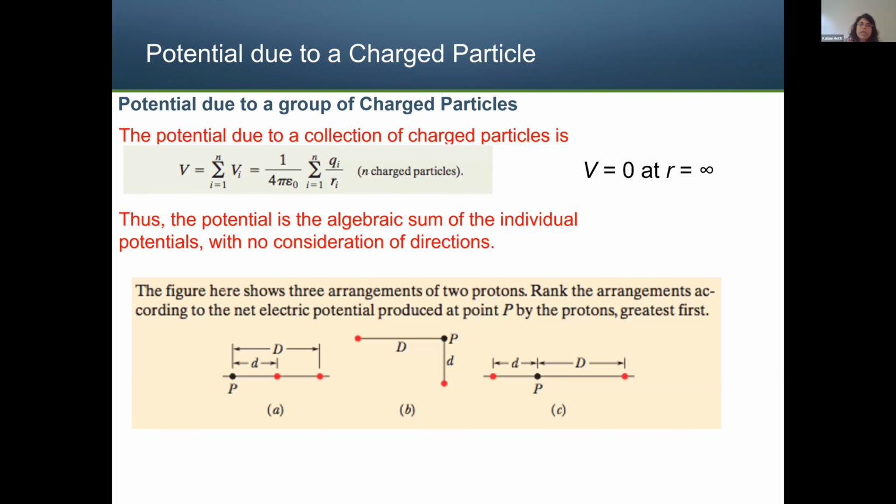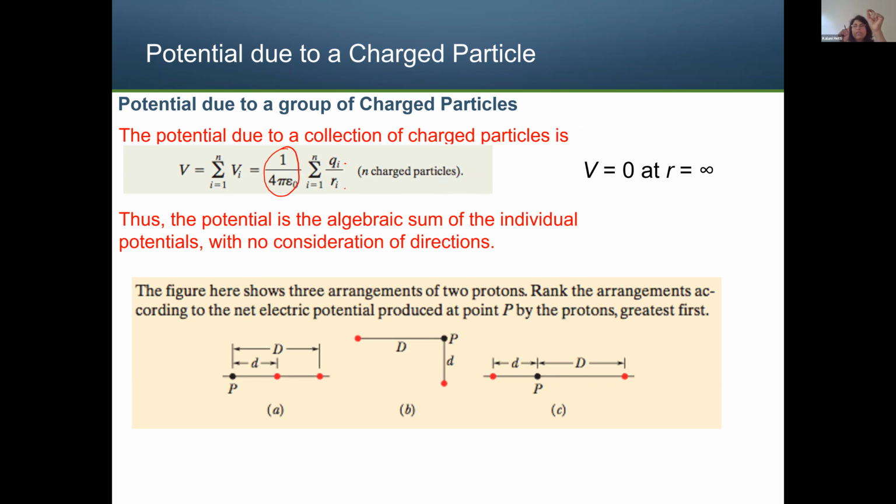Okay, so now potential from many charges. You can calculate the potential using many charges, right? If I need to find the potential at this point, I may have a lot of charges around it. Then I need to add all the charges to my potential formula with the distance. That will give me the Coulomb constant times Qi over Ri. Qi is the charge of the source charge, and the distance between your point of interest and that source charge is Ri.